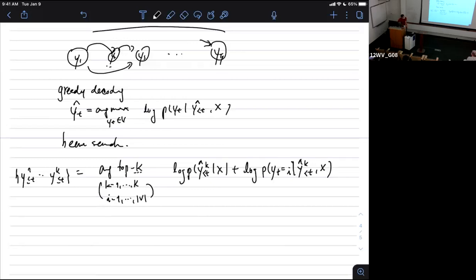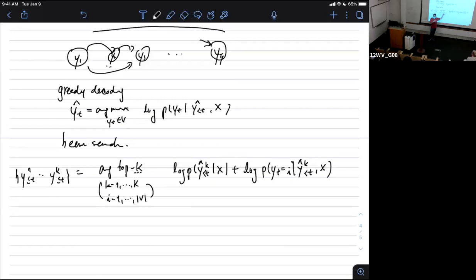And another property of beam search is that it's an inexact search, and it's also not monotonic, in the sense that beam search with k equals 5 is not guaranteed to be better than beam search with k equals 4.